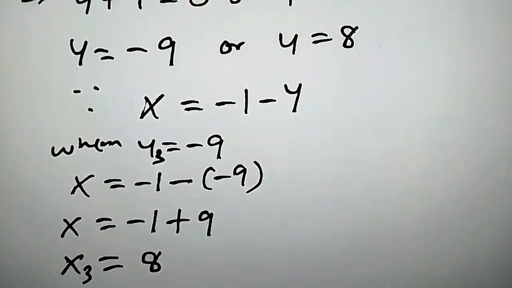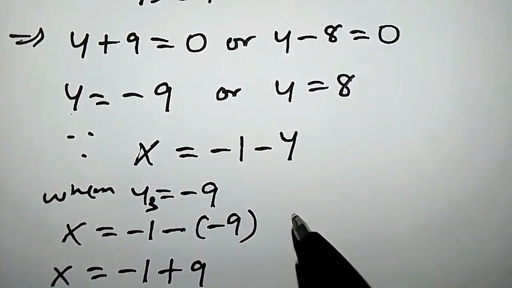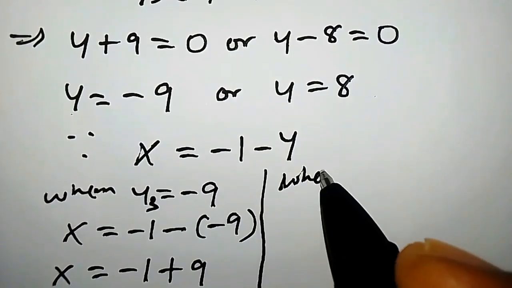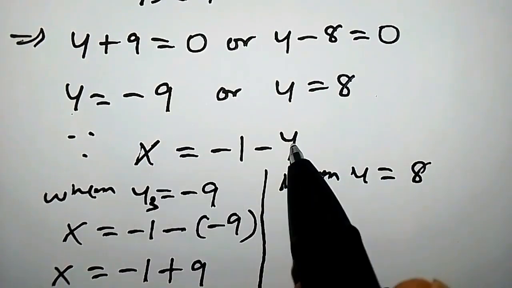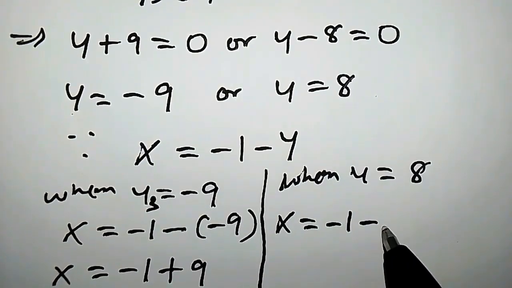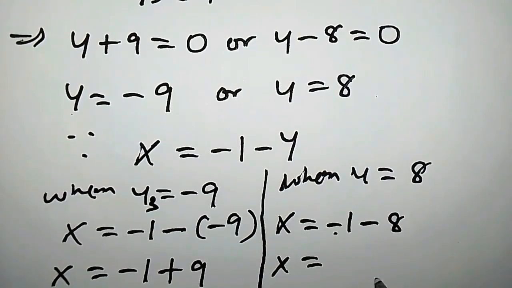So let us consider the second value, y equals 8. When y is equal to 8, this equation now becomes x equal to minus 1 minus 8, that is negative 9.